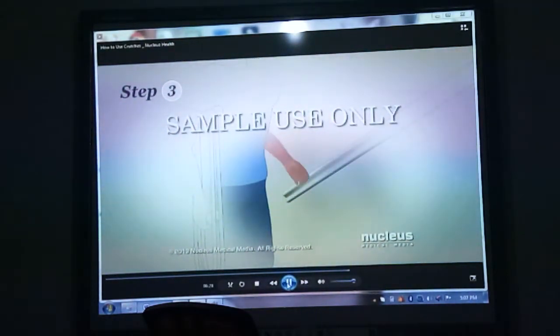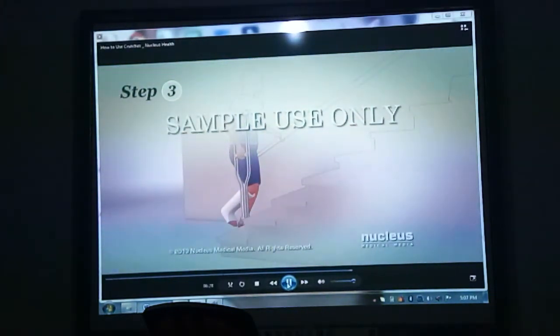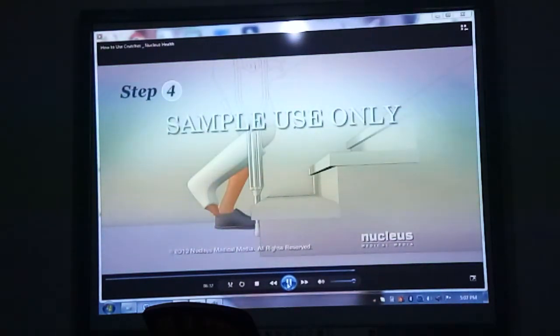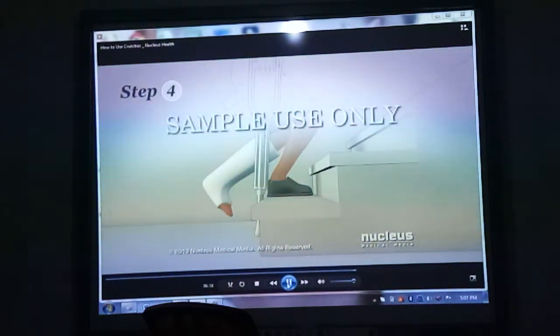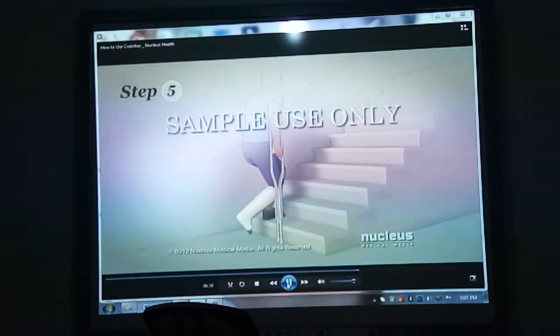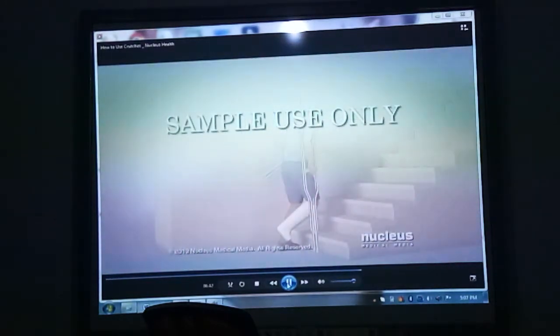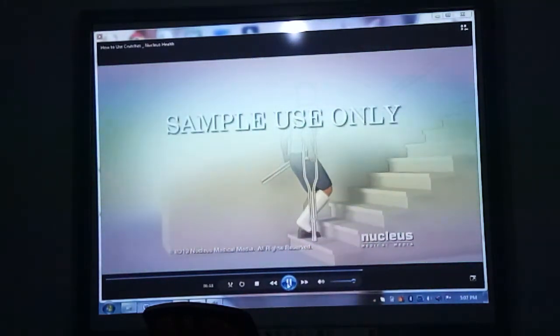Step 3. Grab the railing with your free hand. Lean your weight on the railing and the hand grips of your crutches. Step 4. Lift your uninjured leg onto the next stair step. Step 5. Pull your crutches up with you onto the stair step. Repeat this process for each stair step.